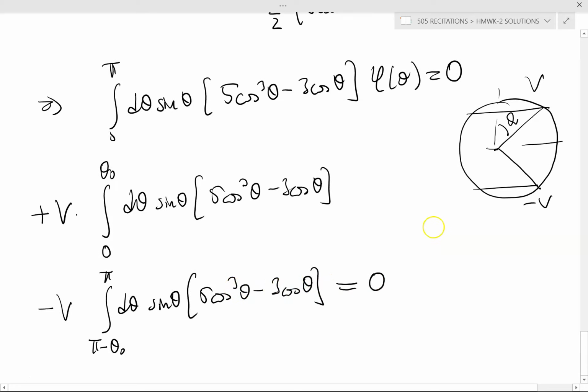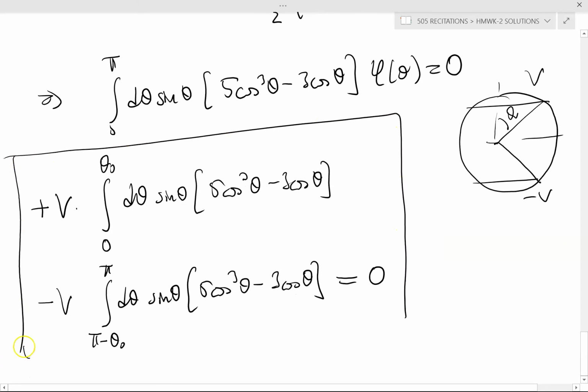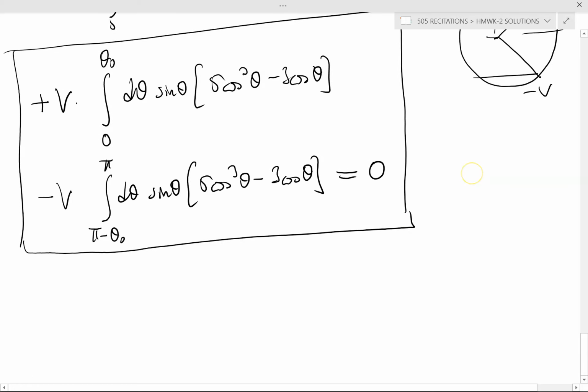It must be equal to 0, this whole expression, so that we can find what theta 0 makes the A3 zero.